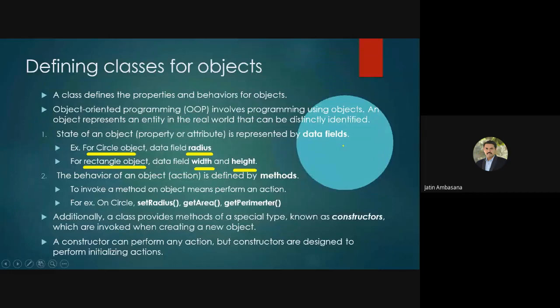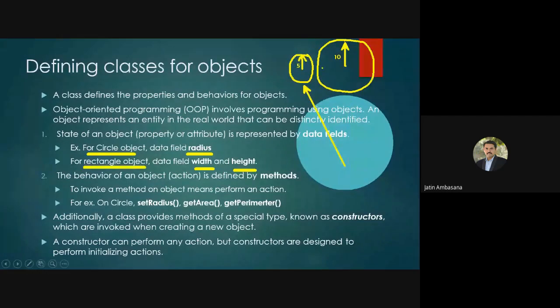So for example, there might be a circle that is having, let's say, a radius of about 5, and there might be another circle that would be having, let's say, a radius of about 10. So both the circle objects are different objects.